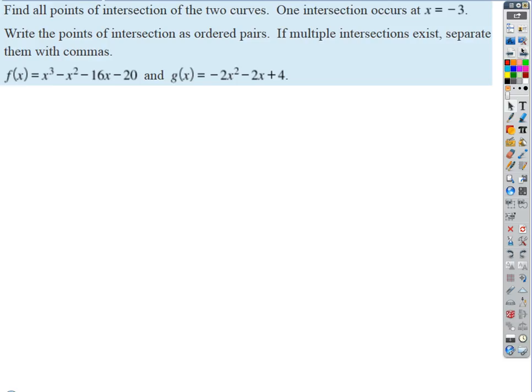Let's take something easier. What if I want to know where the curve f of x equals x squared, and the curve g of x equals 4 minus x intersect, how could I do that?